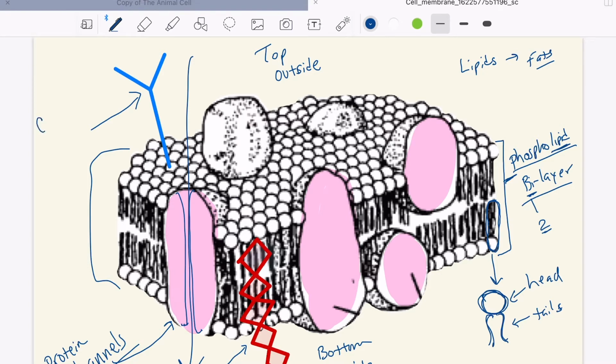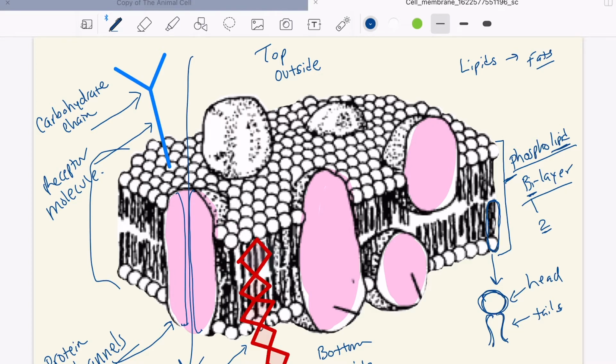This is called a carbohydrate chain. It can be given different names, depending on the model that you're looking at, but this can also act as a receptor molecule. And that's all you really need to know.